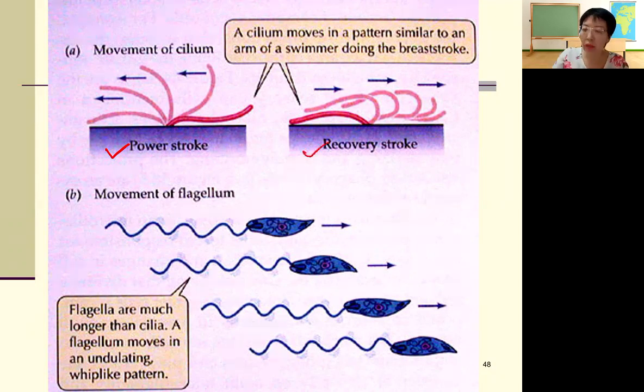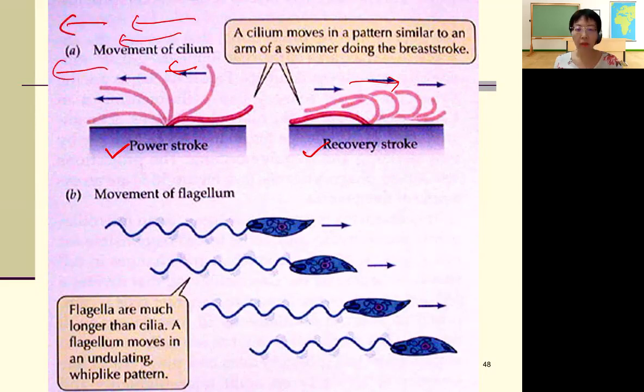Then the recovery stroke is when you bring your arm back to the front, you don't need much energy. So the pushing in one direction is stronger than going back. That means you're creating a current that moves things more effectively towards one direction. That is for cilium. It's similar to the arm of a swimmer doing the breaststroke. Flagellum movement is wave-like, so it moves this way like a wave.